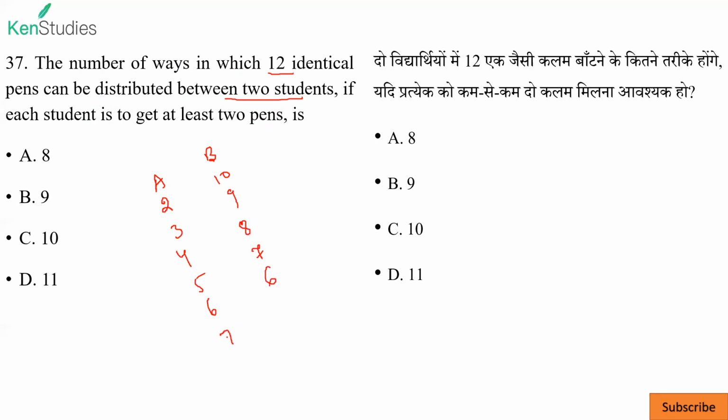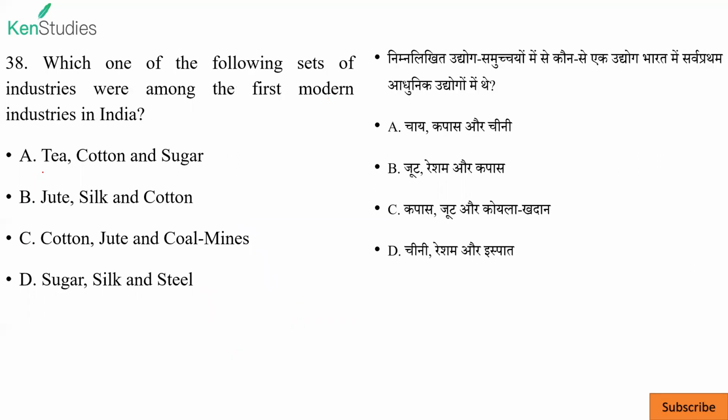Now it is 7, 5, 8, 4, 9, 3, 10, 2. So it is 1, 2, 3, 4, 5, 6, 7, 8, 9. So it is 9 pairs. So 9 ways we can distribute.